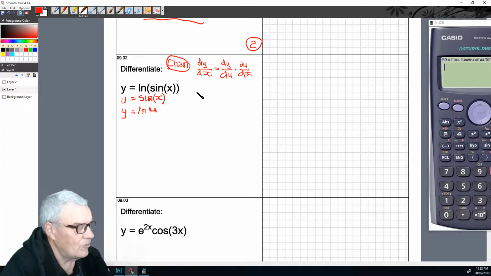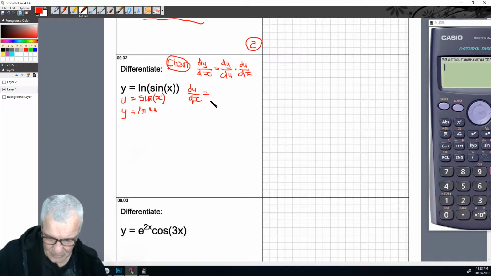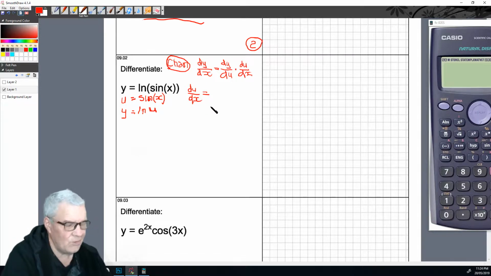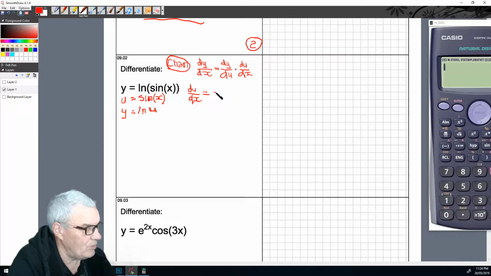Okay, so du by dx equals cos x, just from our formula sheets.